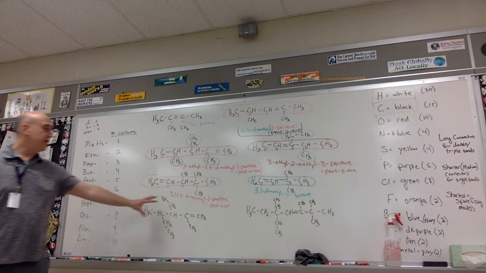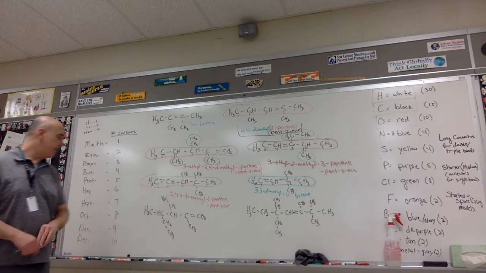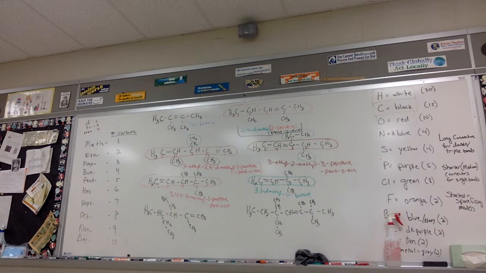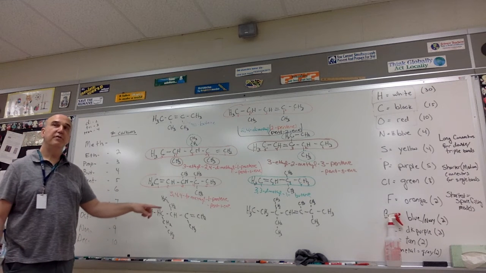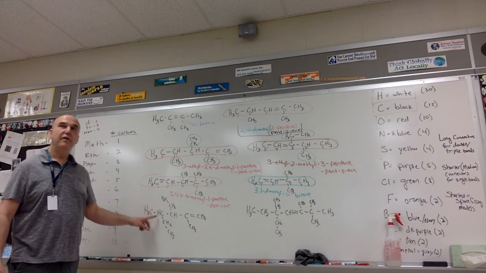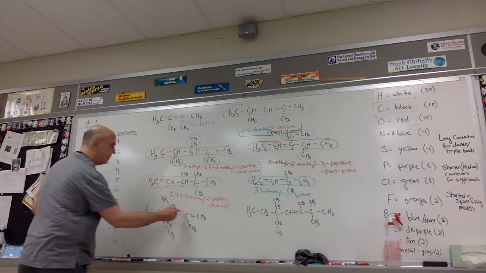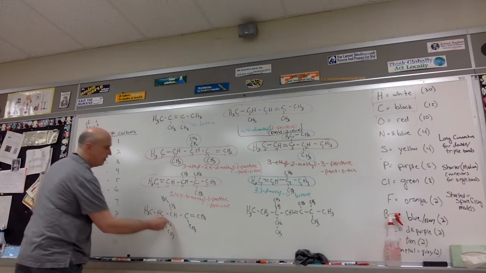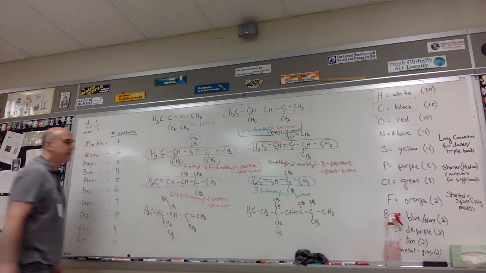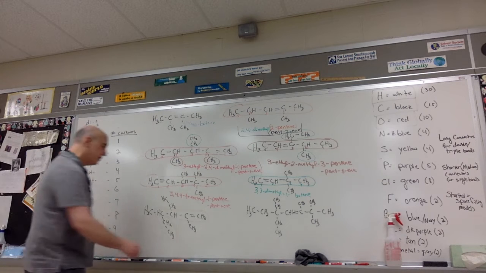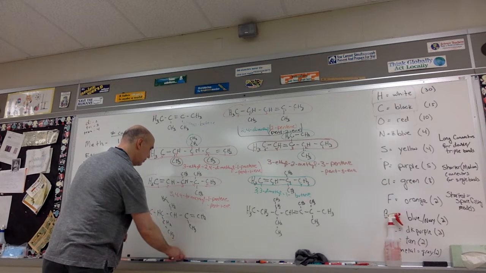All right, so here we need to find our longest chain that includes the double bond. The longest continuous chain of carbons that includes the double bond goes straight across the base and then slants down.